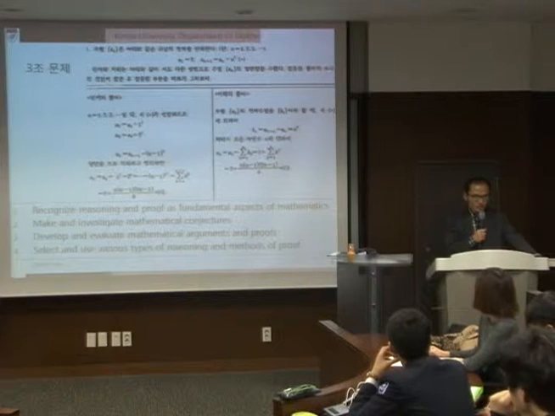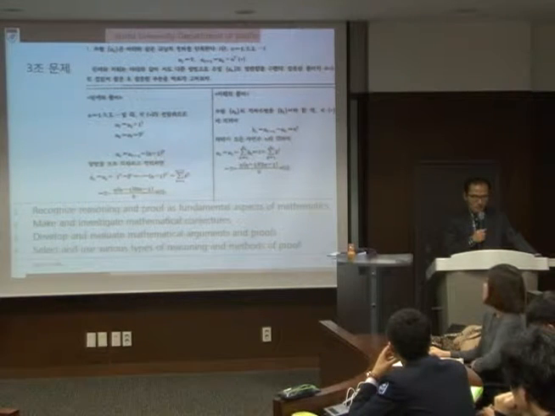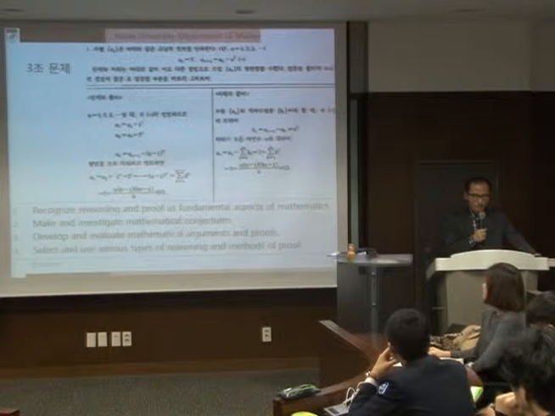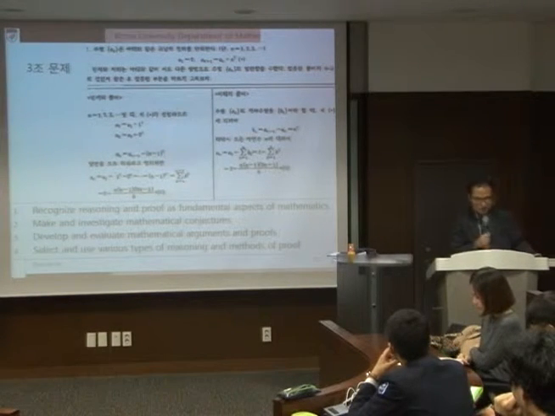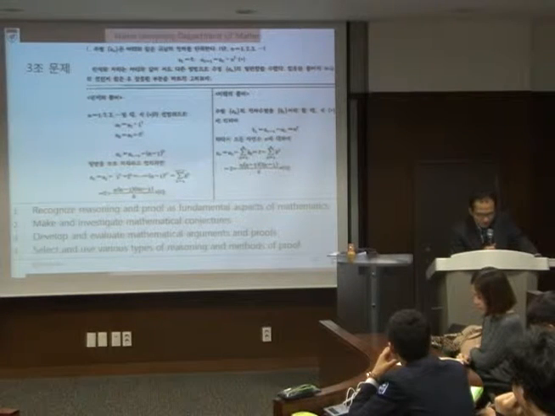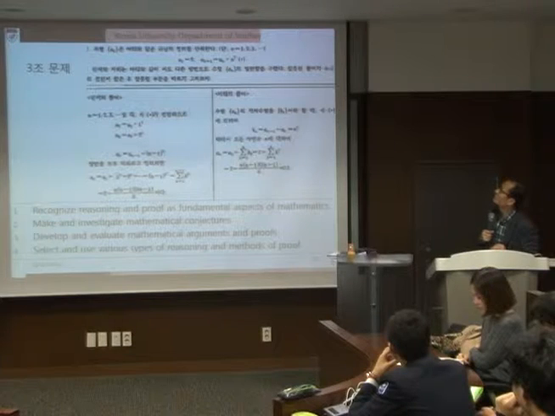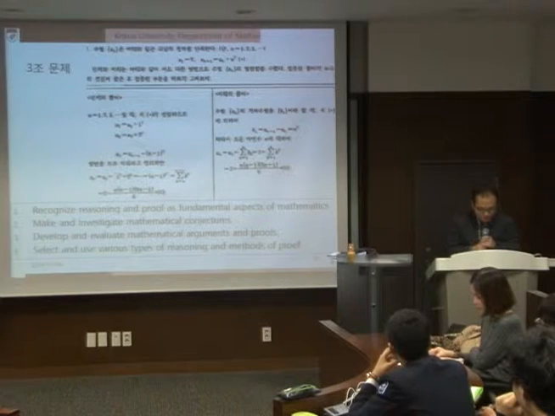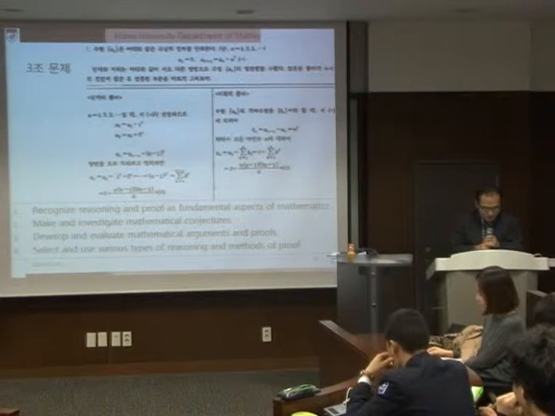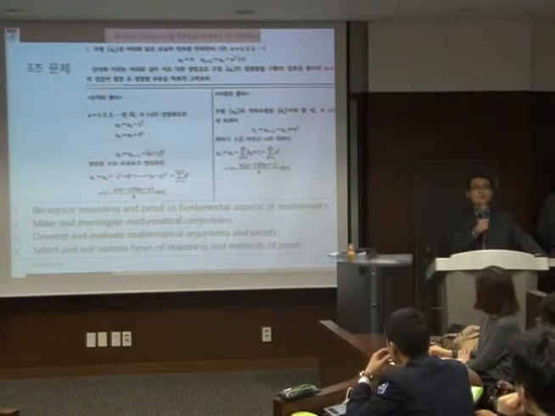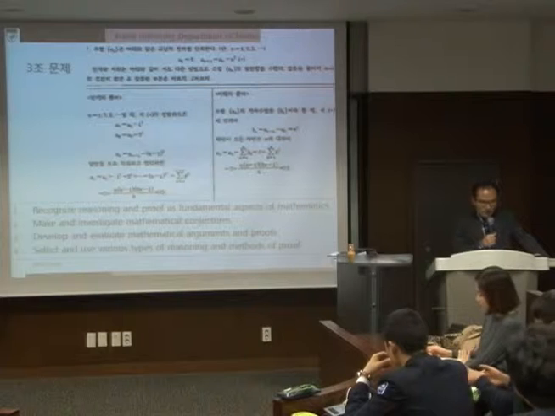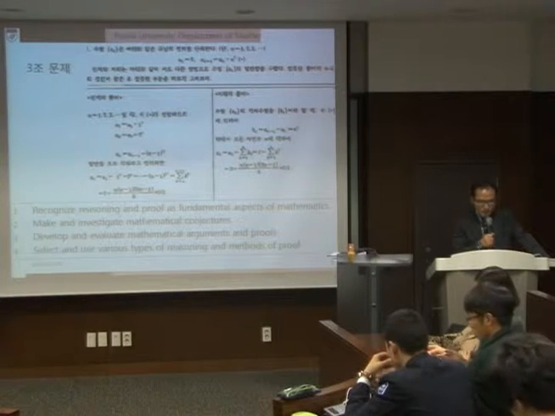수열 A는 아래와 같이 귀납적 정의를 만족한다. 단 n은 1, 2, 3, ... a1 equal to, a_{n+1} equal to a_n plus n square?